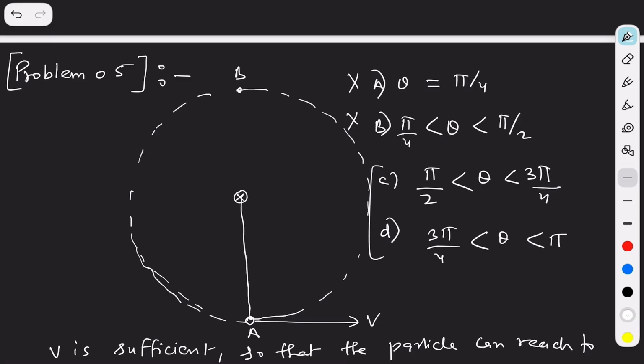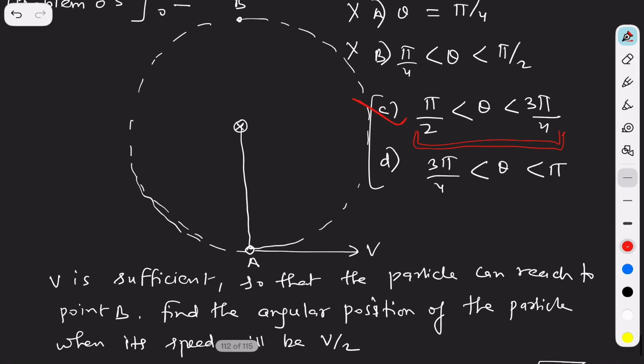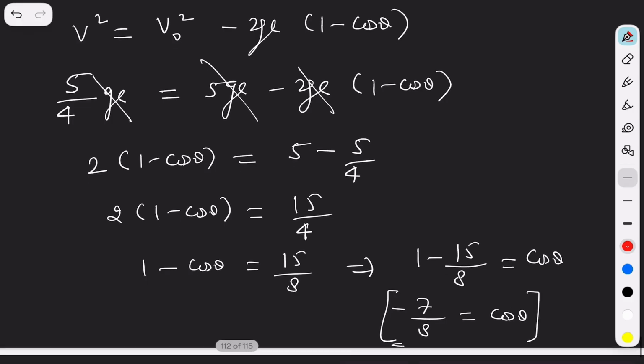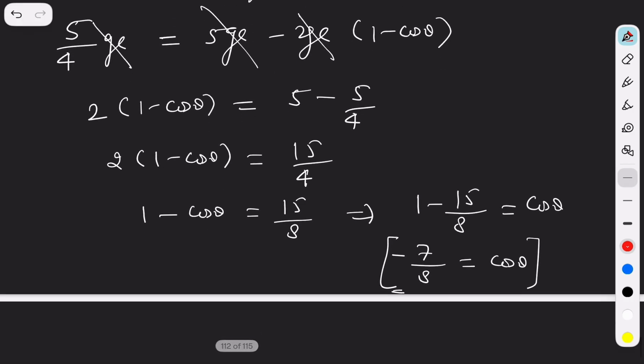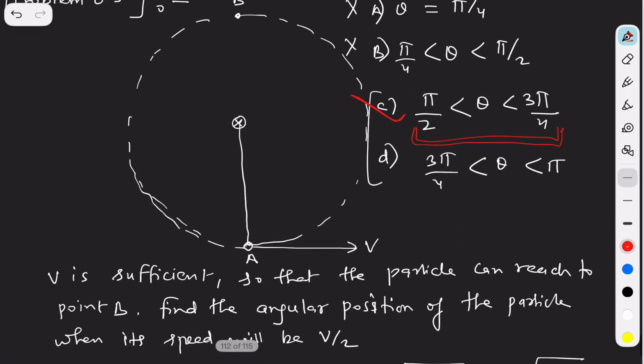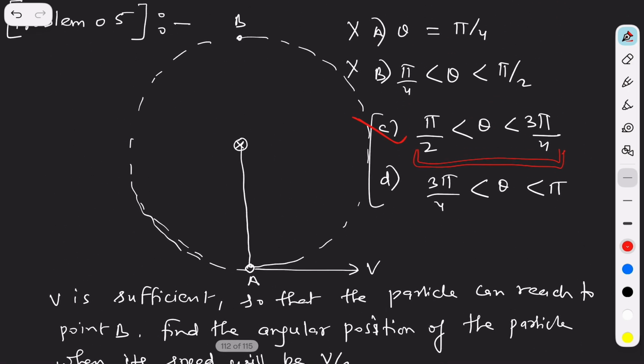Directly they take this answer, because it appears that this is an obtuse angle, so the cosine would be negative and that should be the answer. But actually the cos value is almost near to minus 1, so it means actually it will not lie in this range. If you see the values properly, it will lie in this range.